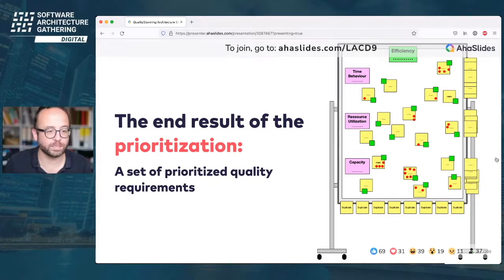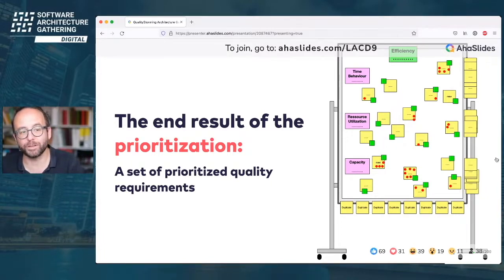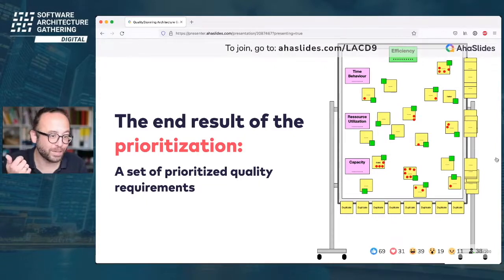If your decision has a positive impact on highly prioritized requirements and a negative one on really low prioritized quality requirements, fair enough. I think that's something we can live with. If it's the other way around, you may rethink your architecture decision or you may run into trouble. So this also gives you an indication for that.